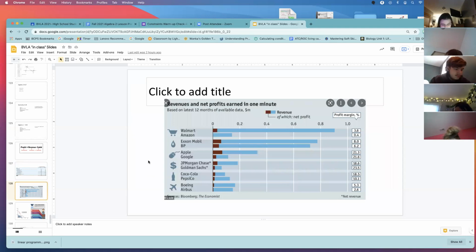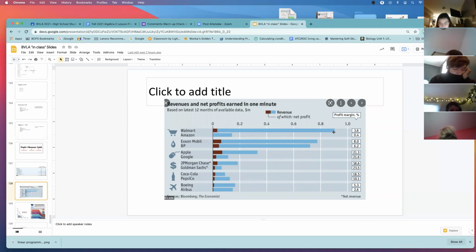And then I saw this and I thought, well, let's share it. So revenues, net profits earned in 1 minute in millions of dollars. So right here, this would be 0.2 million. So Walmart makes several tens of thousands of dollars every minute, and you can see there how much their revenue is.